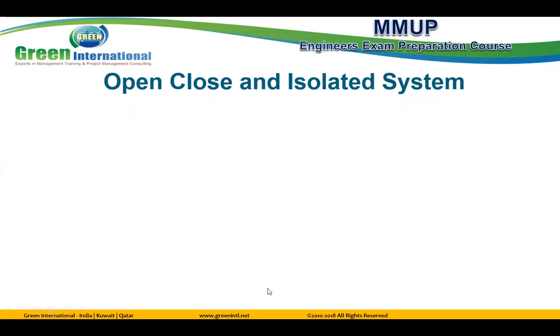For an open system, mass can transfer and energy or heat can transfer. It means yes. A closed system is in between: mass cannot transfer, but energy or heat can transfer.